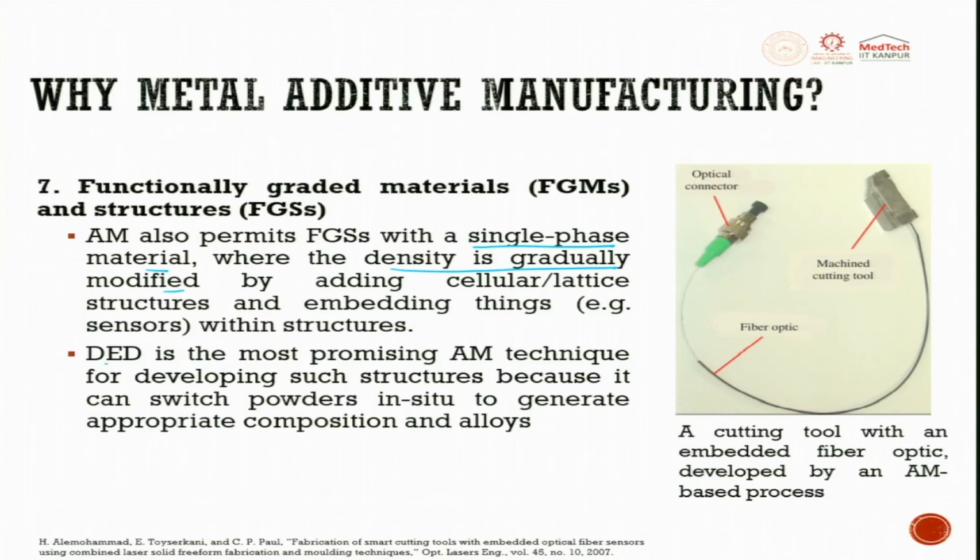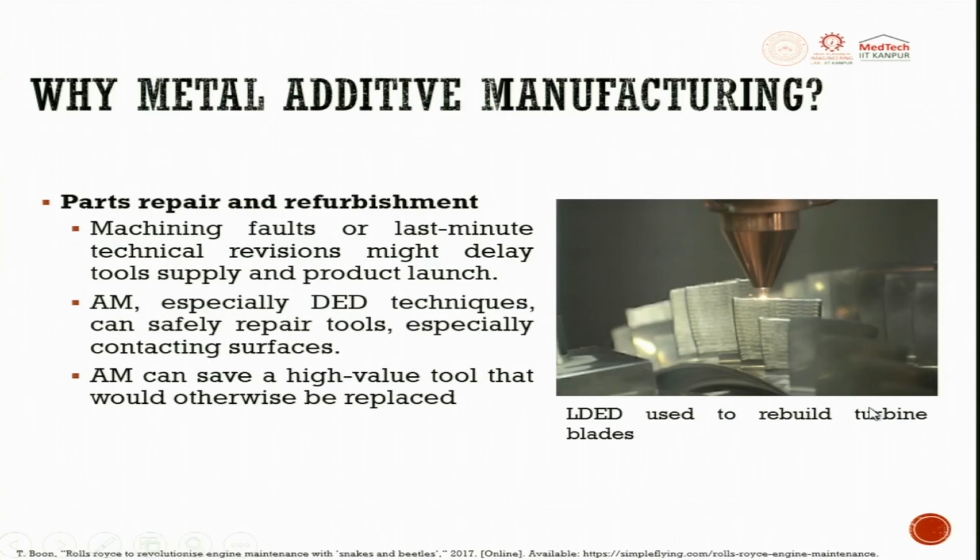Directed energy deposition is the most promising additive manufacturing technique for developing such structures, because it can switch powder in situ to generate the appropriate composition and alloy. So DED we will study in detail. It is the metal based process where it is exhaustively used. The cutting tool with an embedded fiber optic is developed by an AM based process. So here we are talking about functionally graded structures.